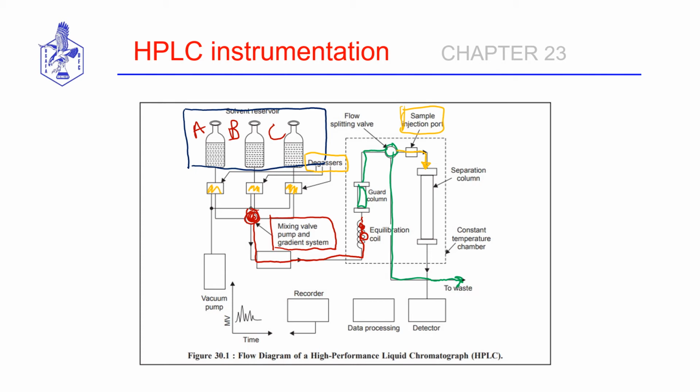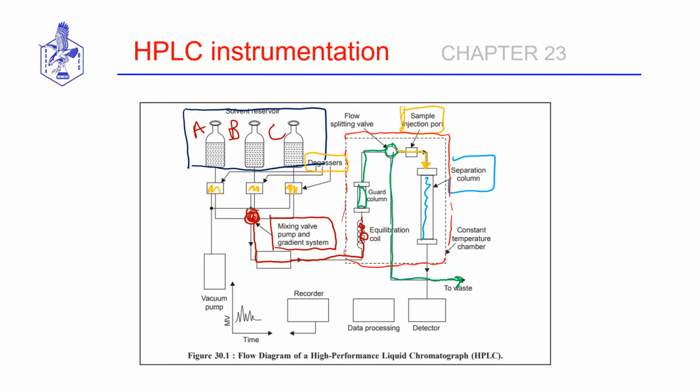So here's the heart of our separation. Our analytical column, separation occurs. Okay, and if we wish to control the temperature of our separation, all of these components in the dotted line, we will regulate the temperature within there.